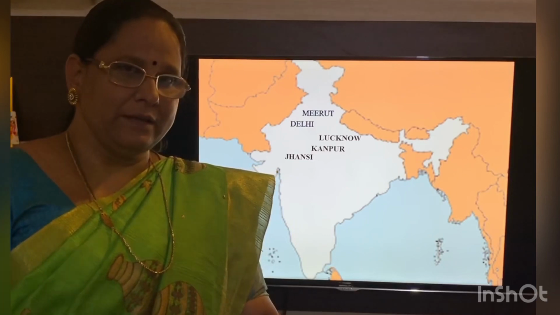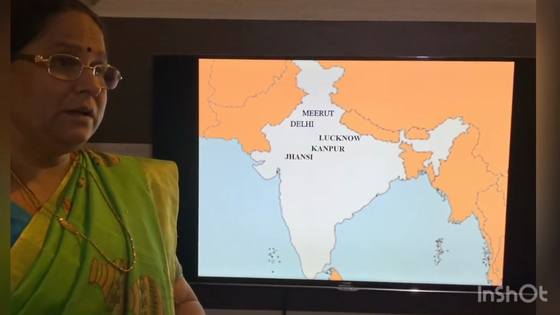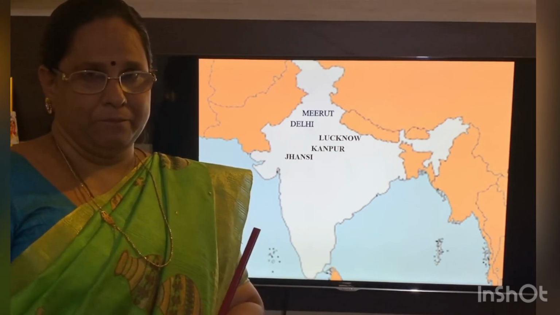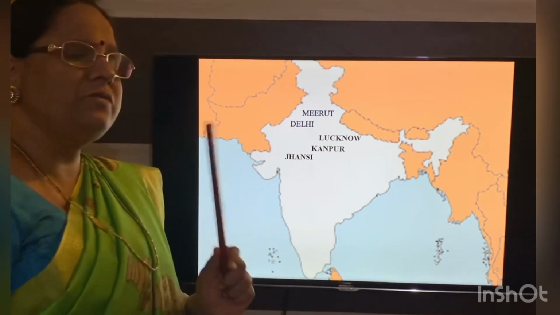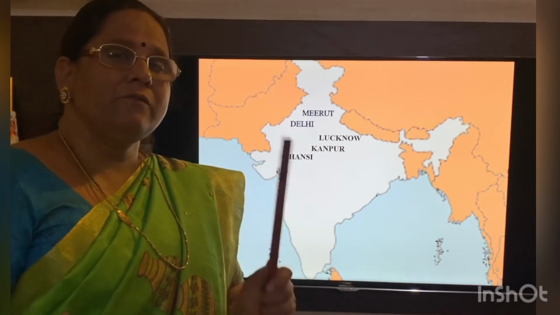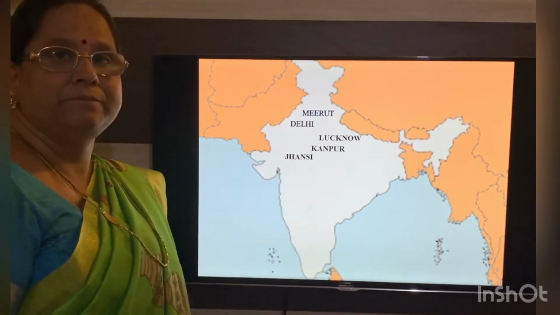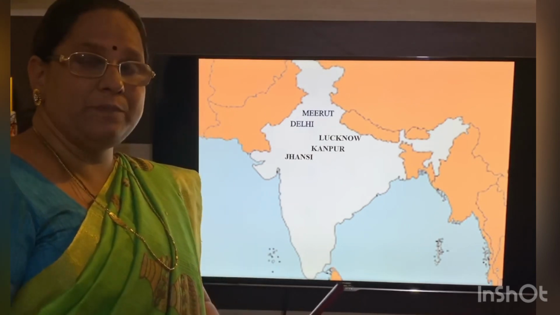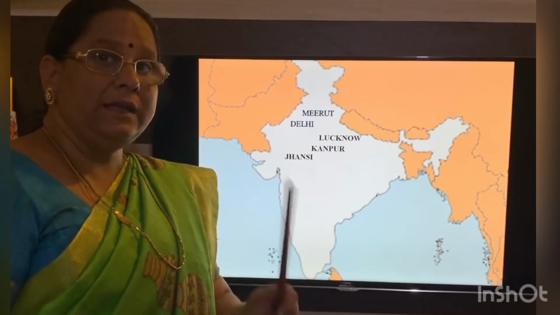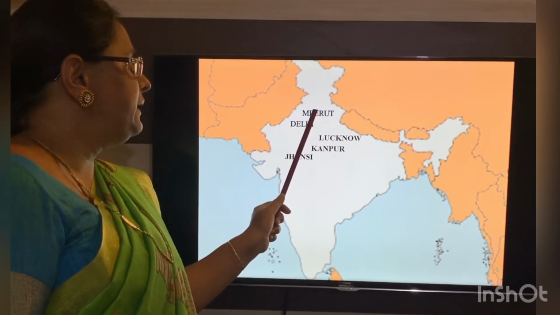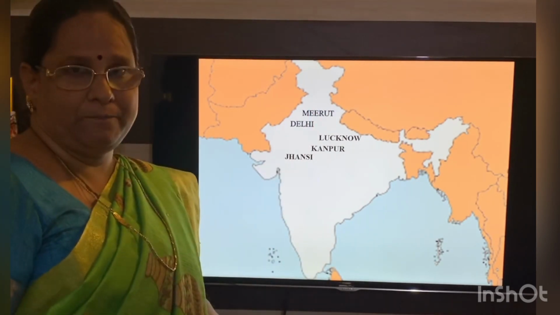The next one is where the revolt started spreading in India. The first important place where the revolt erupted was Meerut. That is the first place where the first war of Indian independence started. Remember this place and you will get an objective question.